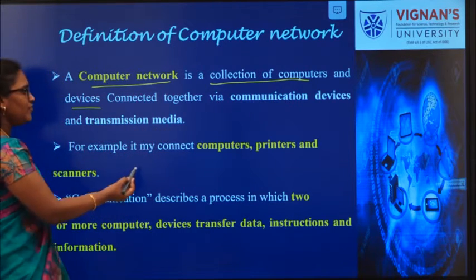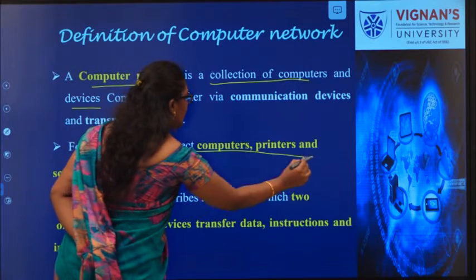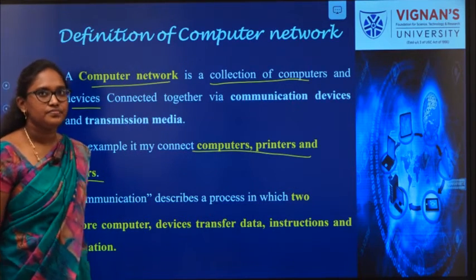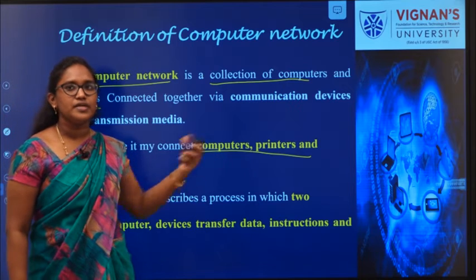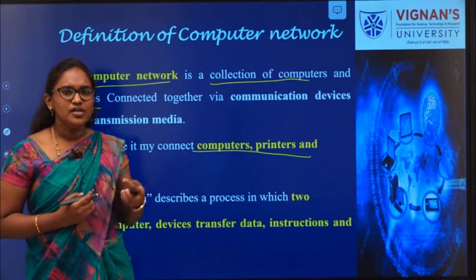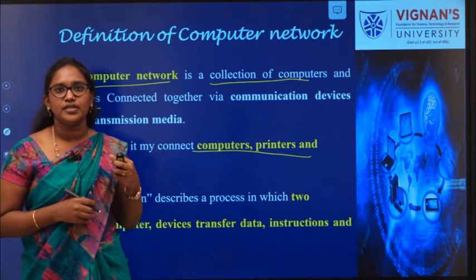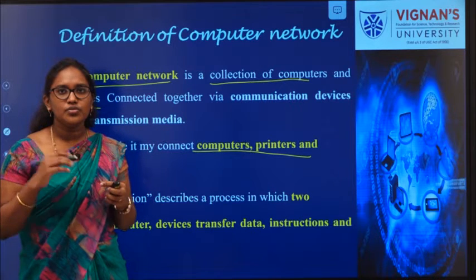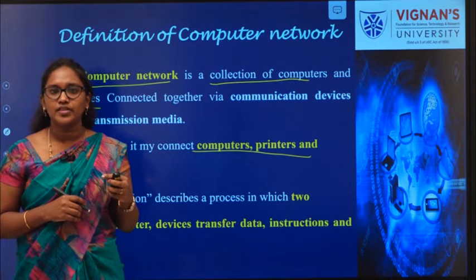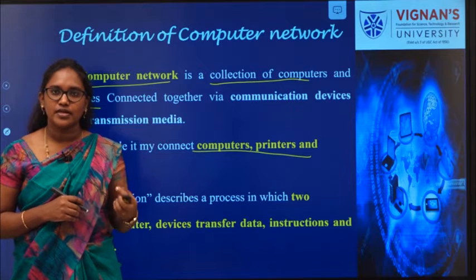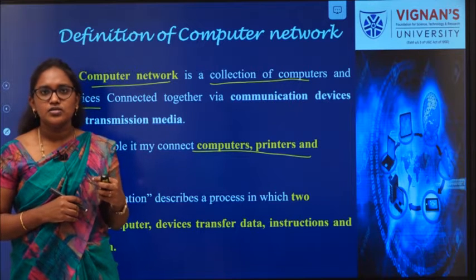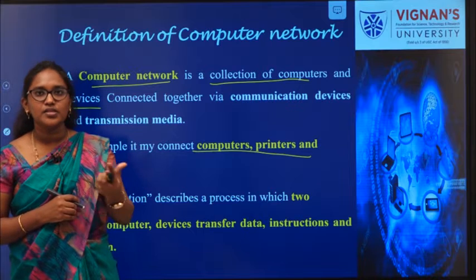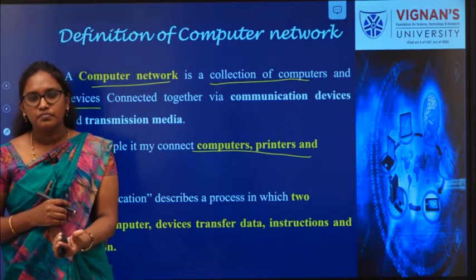An example of computer networks is connecting computers, printers and scanners. You connect the computer to a printer, right? After performing any kind of work, you get the printout with the help of a printer that is connected to the computer. So here the computer is forming a network with the printer.